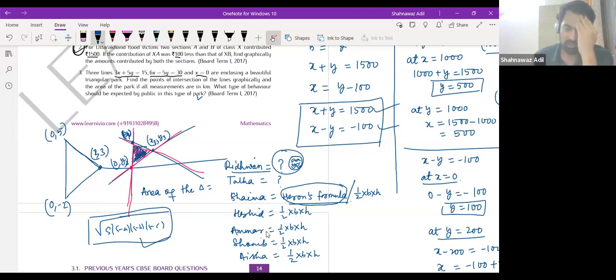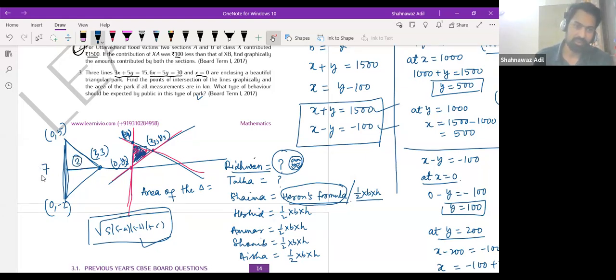So all of you guys very nicely figured out that we can use half base into height. If we choose this base, what would be the length of this base, guys? 7, right? And height would be how much? 3, or 2.